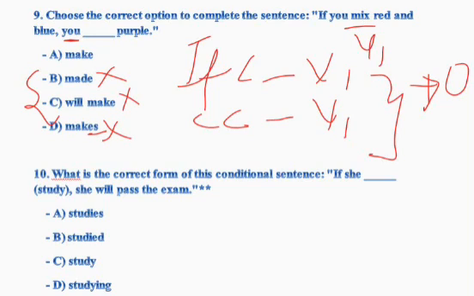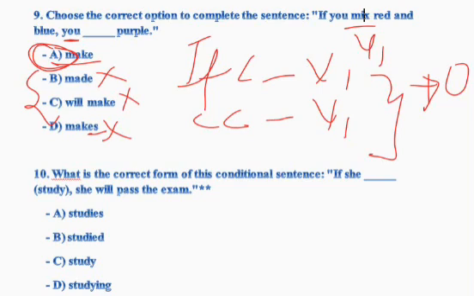As a result, the answer is A. You make purple. If you mix red and blue, that's always the result, purple. You make purple.